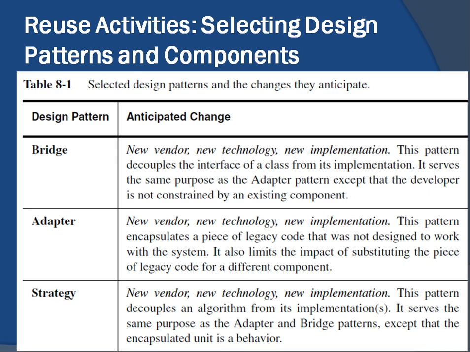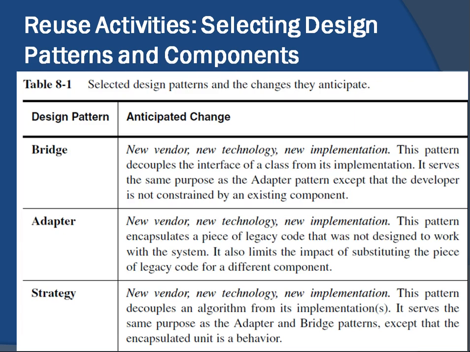Now here we have a table that shows the selected design patterns and the changes they anticipate. So it is actually a reuse activity. We are selecting design patterns and components here.